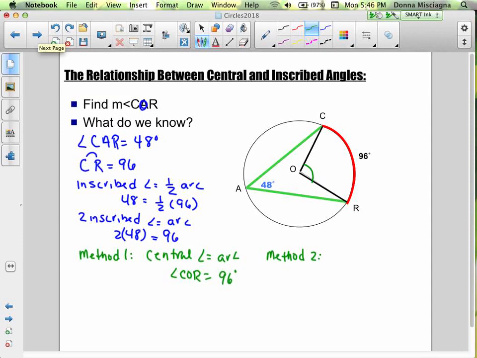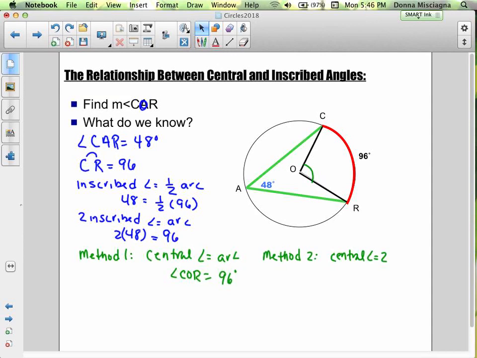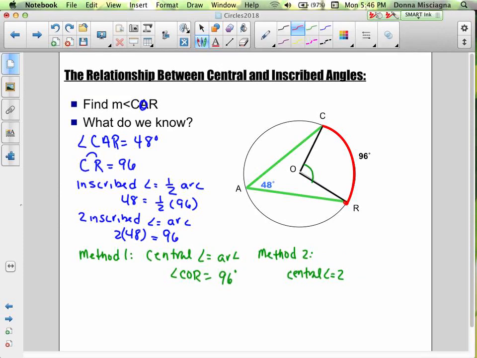We know that the central angle is 2 times the inscribed angle, if it shares the same arc. And these do share the same arc. Both those angles have the endpoint on the circle in the same location. For both of those angles, arc CR is the intercepted arc.